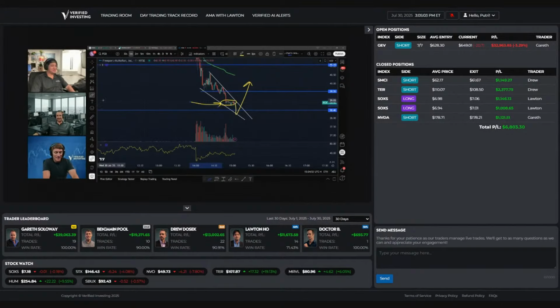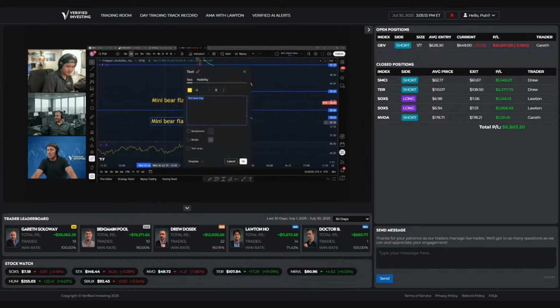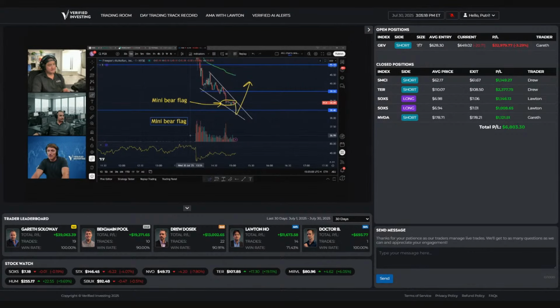If you go to the bigger time frame, the 2 minute, there's a gap fill. Here's your gap fill right here. I will say it does have a pretty nice wedge pattern, though. Yeah, it is actually pretty nice.